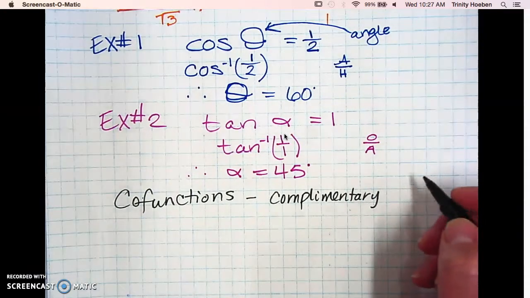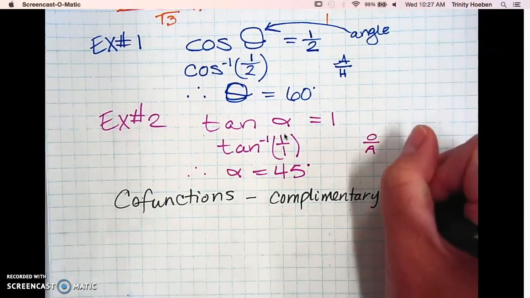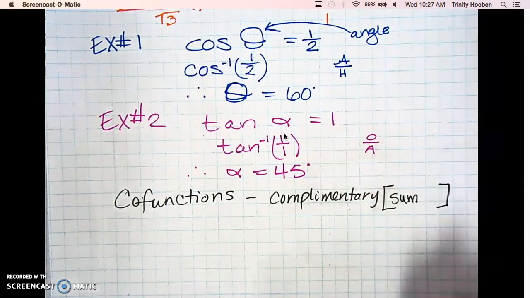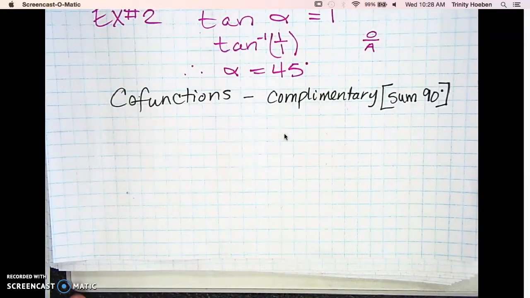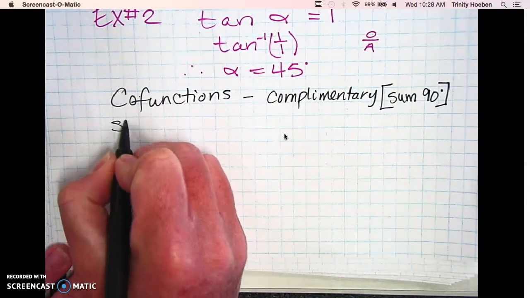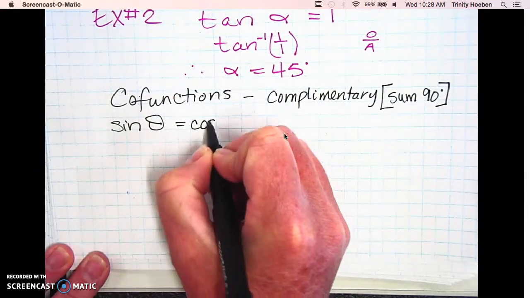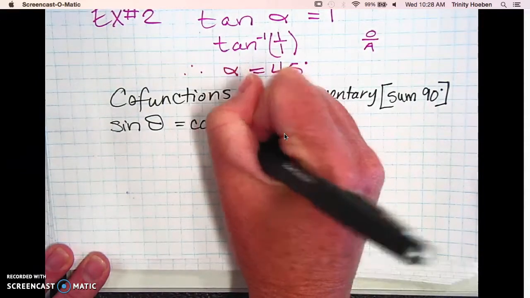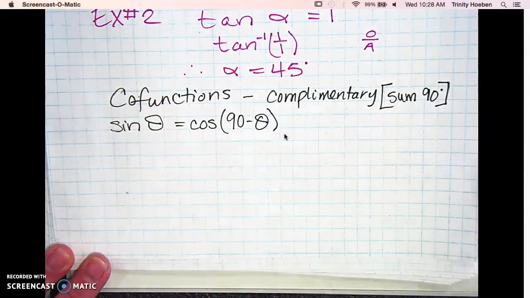And you kind of mention complementary, but it doesn't come up a lot. Okay, so it basically means the sum is going to be 90. So the pairs are going to be the sine of theta is going to be equal to the cosine of 90 minus theta. And I'll show you one in just a second.